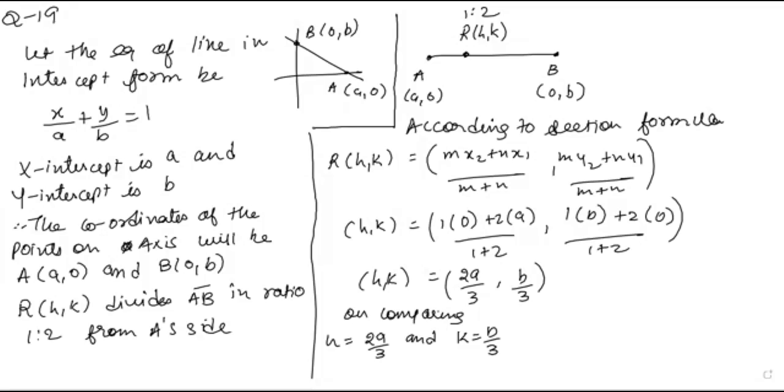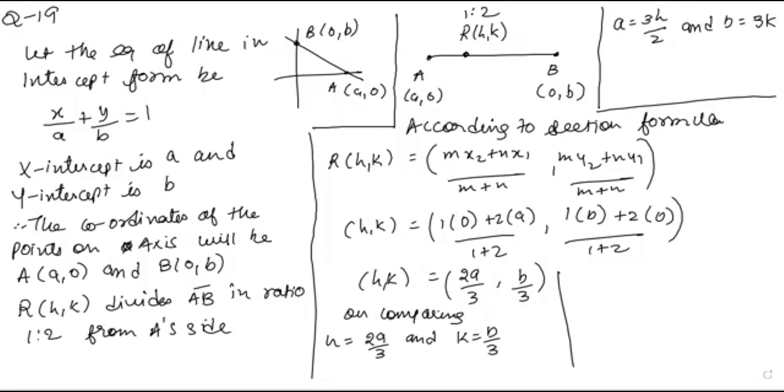So if I solve for a and b, then I will have a is equal to 3h by 2 and b will be 3k.